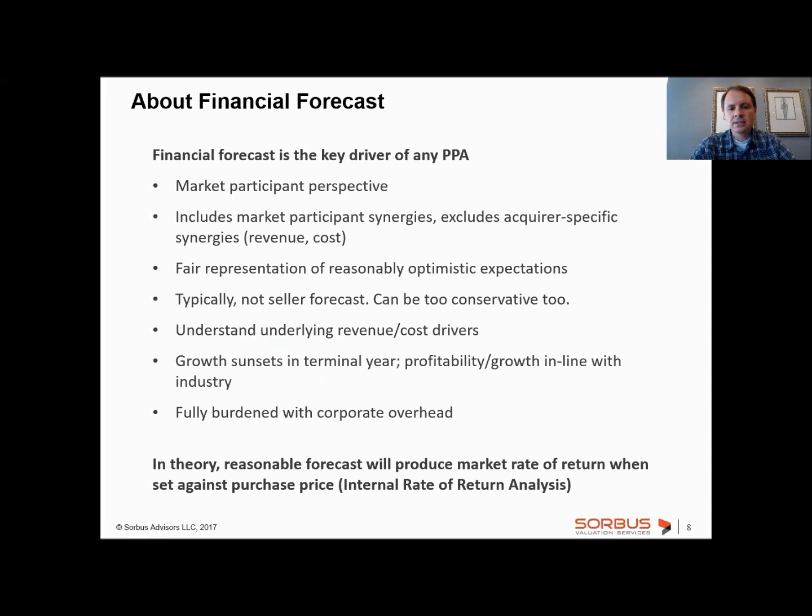Now, the forecast itself has to represent a reasonably optimistic expectation of the performance of the target. It cannot be the seller forecast because those typically just don't make a lot of sense. It cannot be too conservative either, because if it's too conservative, then your implied rate of return from the prior page would be too low and would not be able to support this forecast.